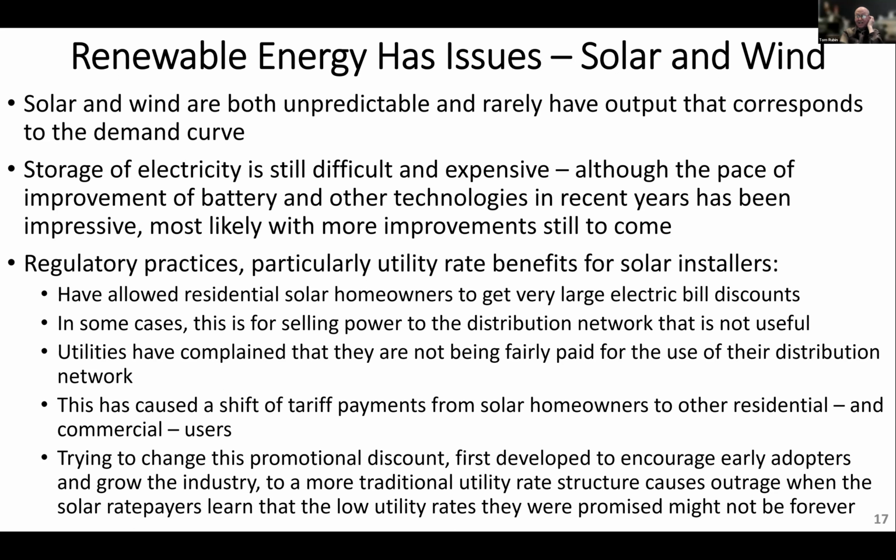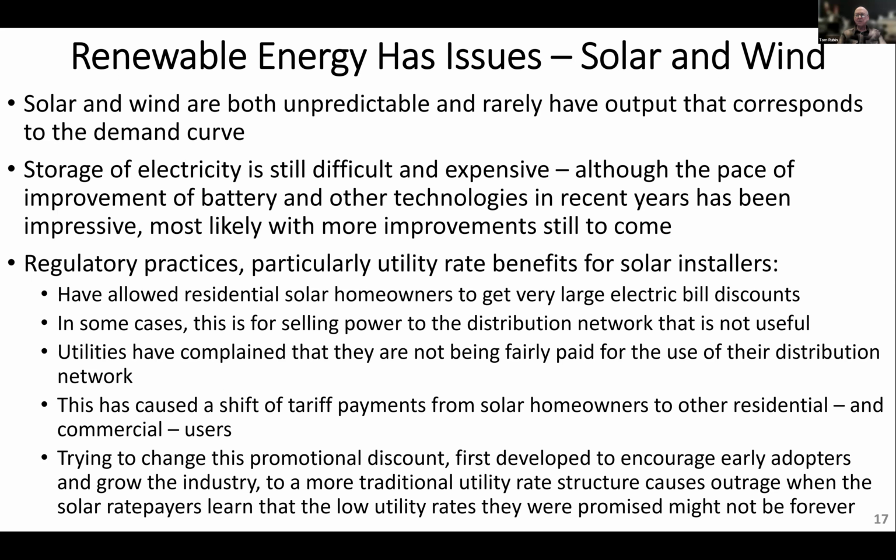The problem with that is the electric utilities didn't really have any use for that midday electricity, but they're buying and selling at the same rate. And on top of that, the charge for the use of the distribution system was based on the net.